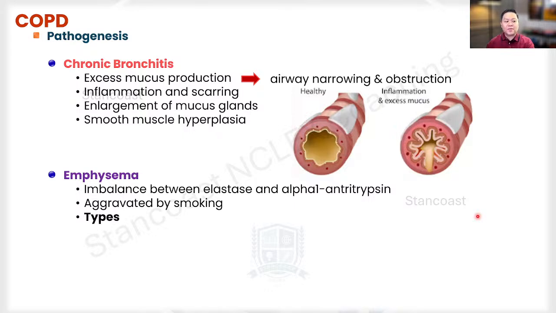However, when the person is smoking, this increases the number of these activated cells and will inhibit the alpha-1 antitrypsin. This will now cause oxidative stress through the radicals, leading to the destruction of the alveolar walls.